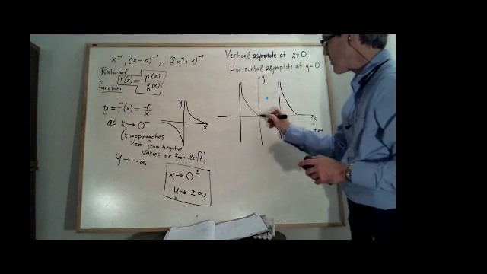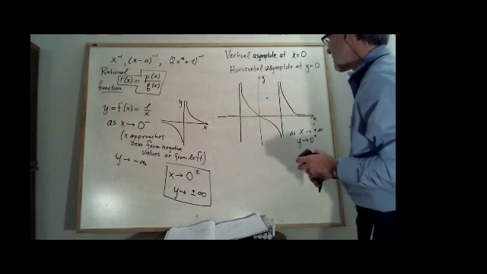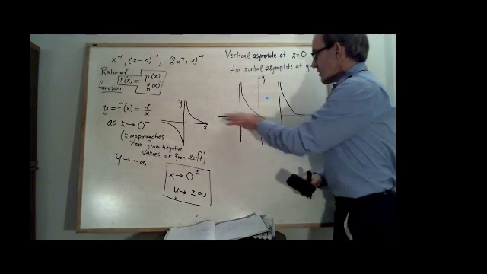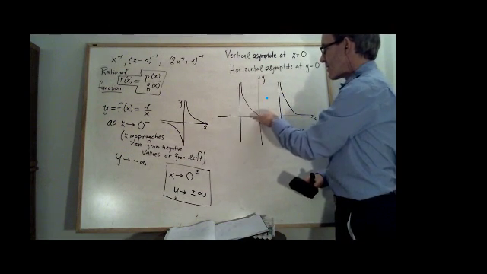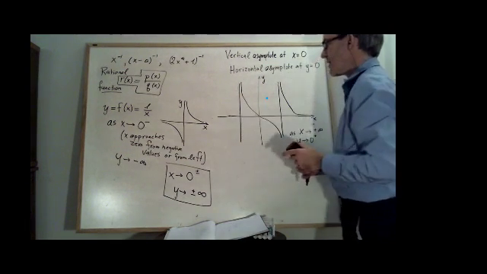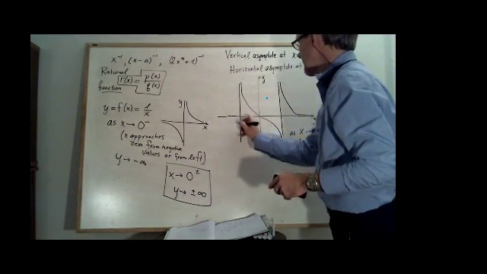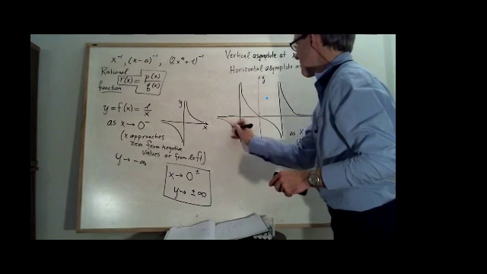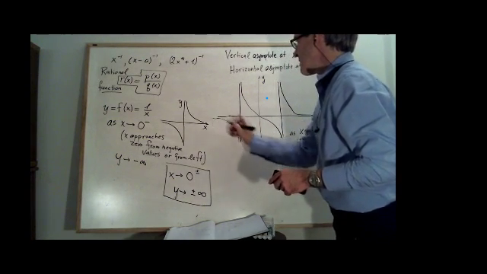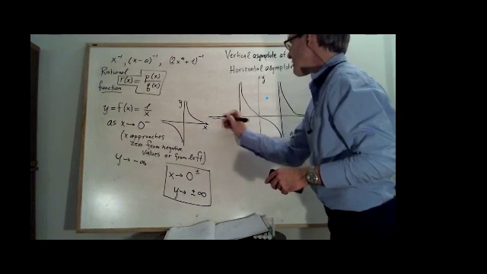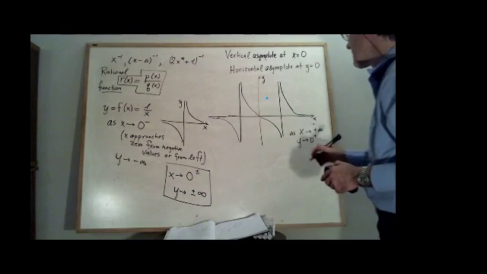So yes, there could be points where the horizontal asymptote gets crossed by the curve somewhere in the middle. But it's the endpoint behavior that's really being discussed here. So the asymptote really means that here would be the rest of the curve. There's only one horizontal asymptote, always.